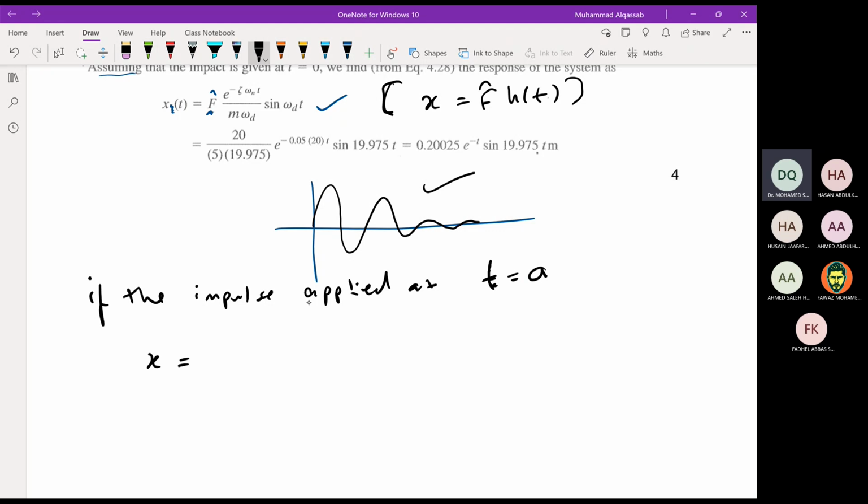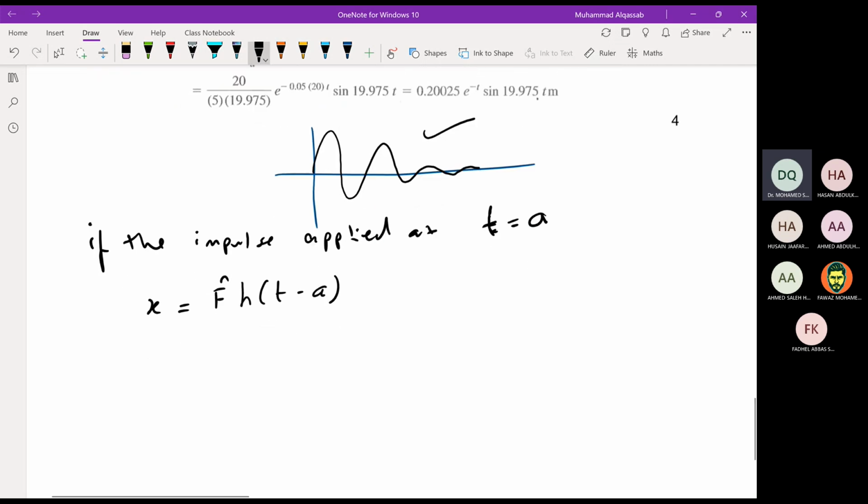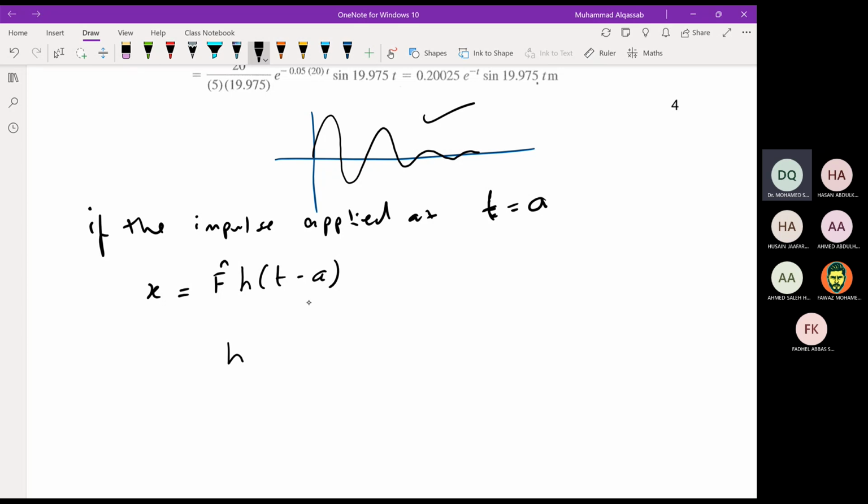So x is going to be f hat times h of t minus a, and the meaning of h of t minus a is that you substitute t equal to t minus a in h of t, for t greater than a. Okay, and 0 otherwise.